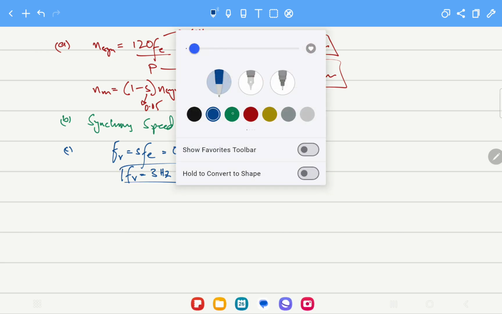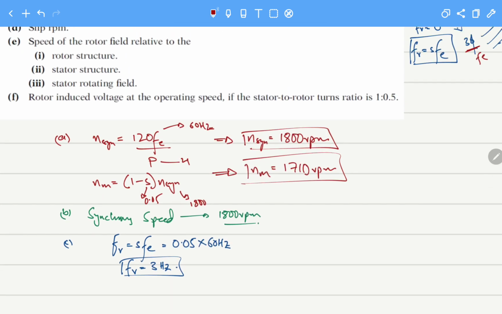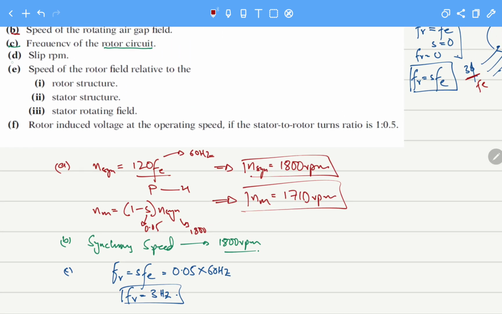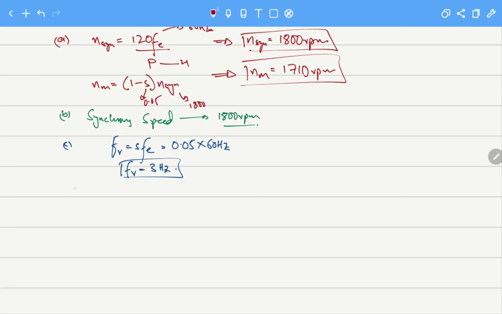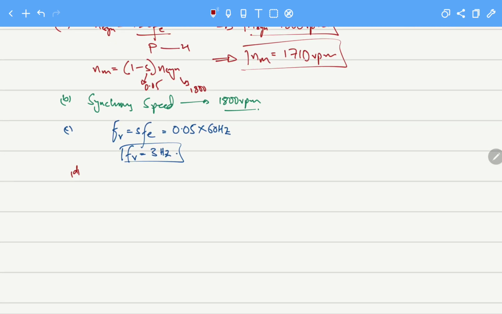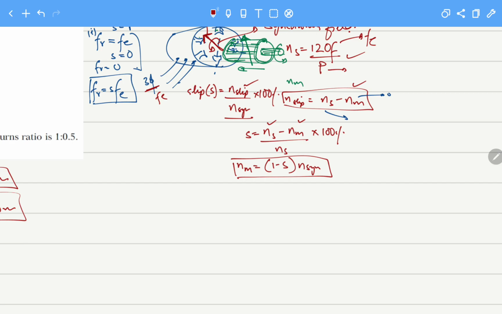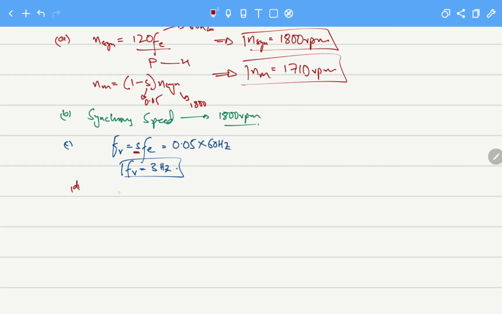Now for the next part we have slip RPM. By the same concept as I have explained, this is a very important concept that will keep repeating. Slip RPM means slip speed equals synchronous speed minus mechanical speed.